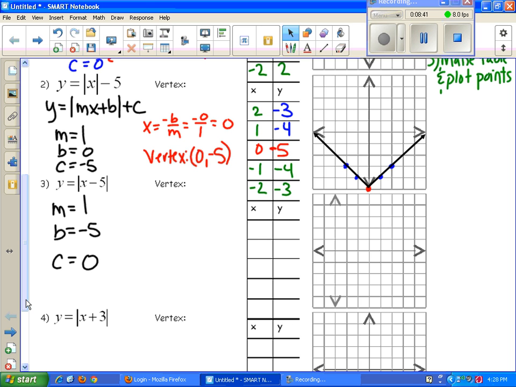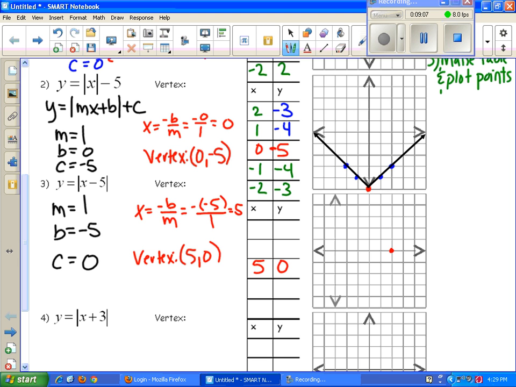So to find my vertex, I use the formula x equals negative b over m, which in this case would be negative negative 5 over 1, which is equal to 5. And my c value is 0, so my vertex is 5, 0. So I'm going to put that on my chart in my graph. So 1, 2, 3, 4, 5, 0 would be right there.